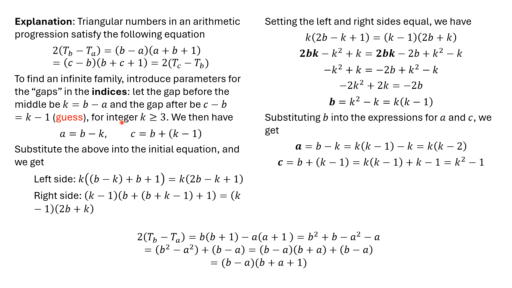So you would assume the index gap would be less, and it turns out if you assume it's just one less, it actually works out. Now, in the next few slides I'll show you there are even more solutions than what we have here. We can vary what the gap is in terms of the indices. Of course, the difference between the triangular numbers needs to be the same to meet our requirements.